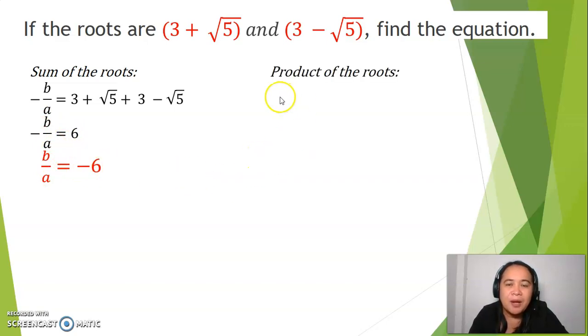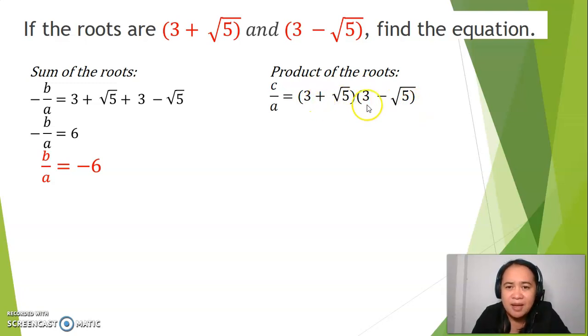Another, the product of the roots will be 3 plus square root of 5 times 3 minus square root of 5. Now take note, this is sum and difference of the same terms. So to do this, square the first. 3 times 3, it's 9. And square root of 5 times negative square root of 5 is exactly negative 5.